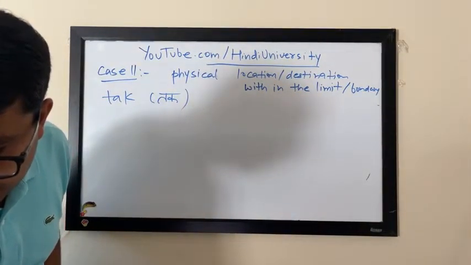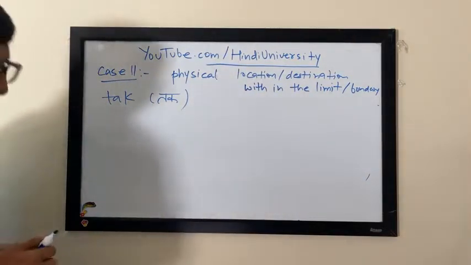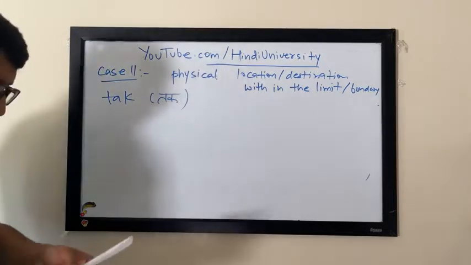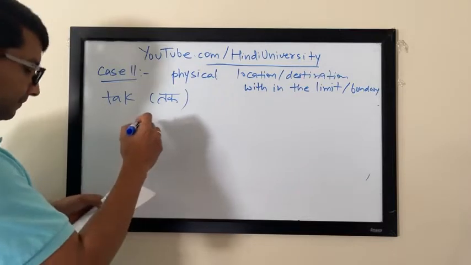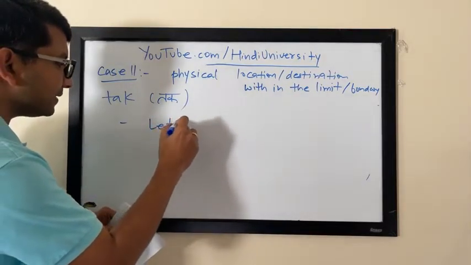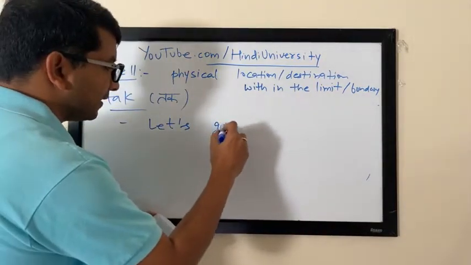Okay, Tyler, what do you think? If it is hard to think about the examples, I can help you out. I'm sorry, could you repeat the question? So the question is, can you come up with some simple sentences using tak?